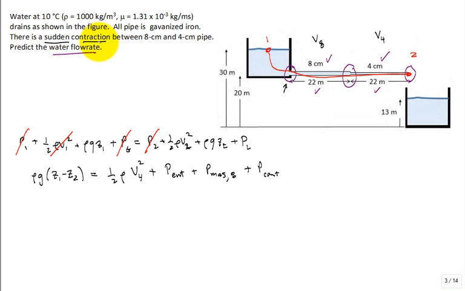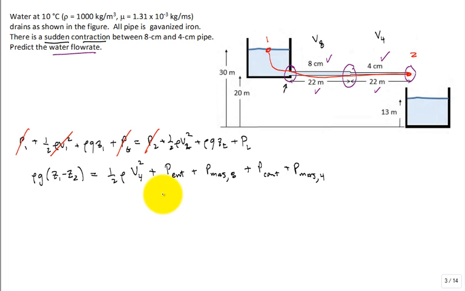You don't have to memorize it for the exam. But you would need to know how to use that information to calculate that pressure loss due to the contraction. Plus the pressure major loss in the 4 centimeter pipe. Did we account for all of those frictional losses, or did I overlook one? They look okay?